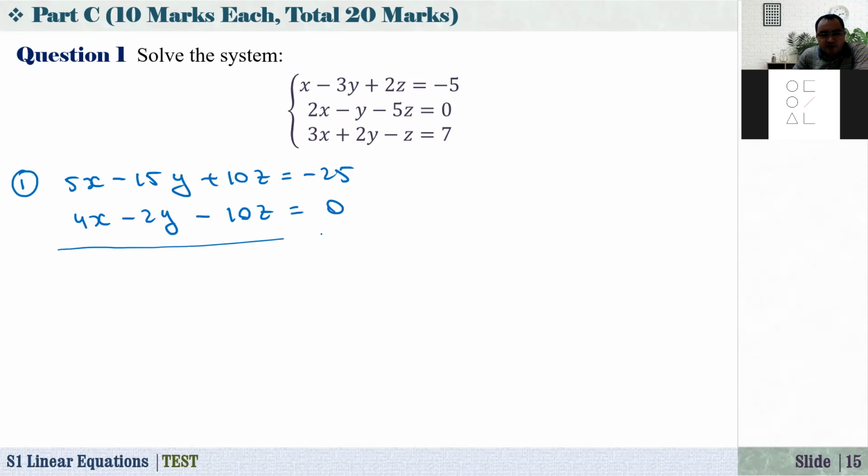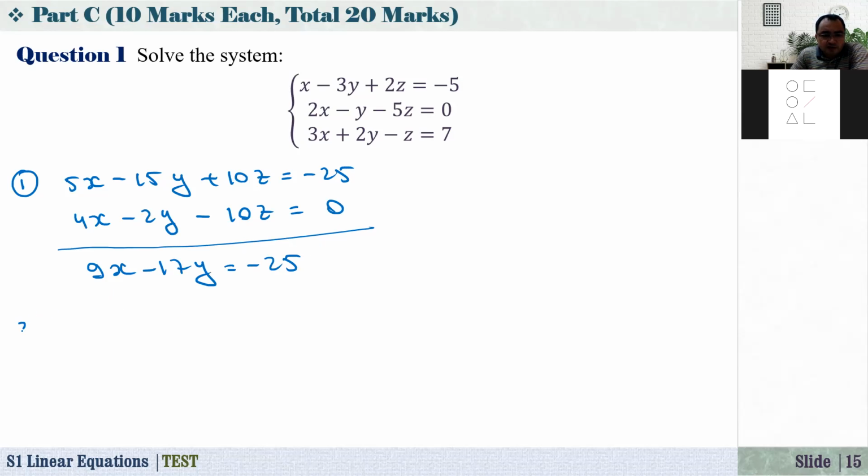Now, if we just add them, because the coefficients of z have opposite signs, 5x plus 4x is 9x. Negative 15 plus negative 2 is negative 17y. And 10 plus negative 10 is 0. Negative 25 plus 0 is negative 25. So that is our first equation.